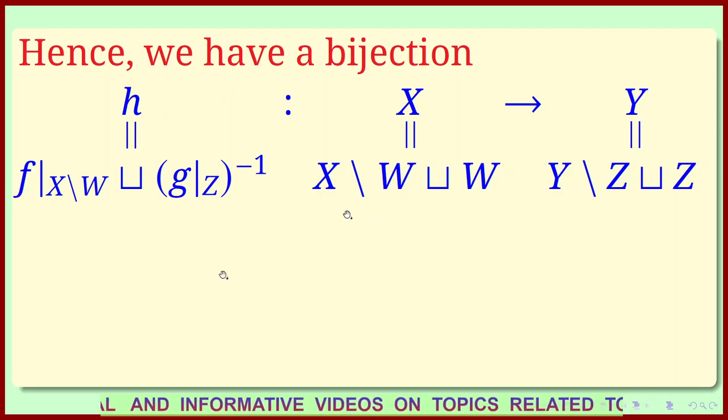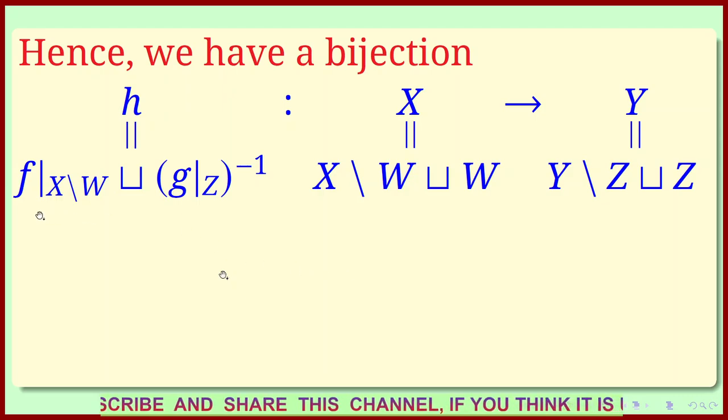The whole of x is equal to the complement of w union w, a disjoint union; these are two disjoint sets, and their union is x. And y is a disjoint union of the complement of z in y, and z. These two are also disjoint sets.